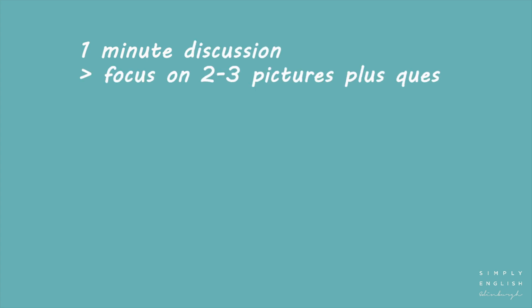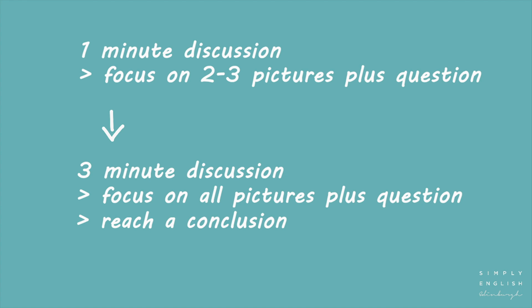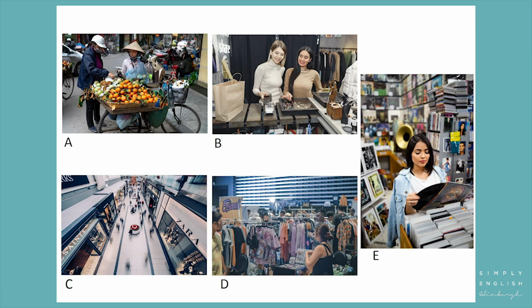First of all, you will have a 1-minute discussion where the examiner will ask you to focus on 2 or 3 of the photographs, and they'll ask you a specific question which you need to discuss, and then finally you will have a 3-minute discussion taking all of the photographs into account, and you will of course be asked to make some sort of a decision as well. So it kind of looks like what's on the screen just now.